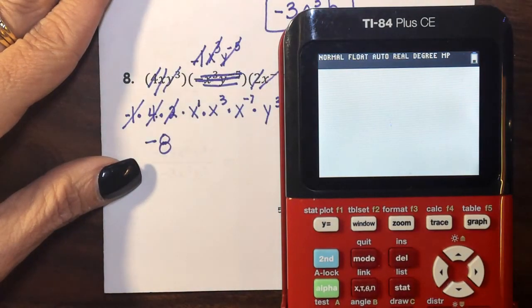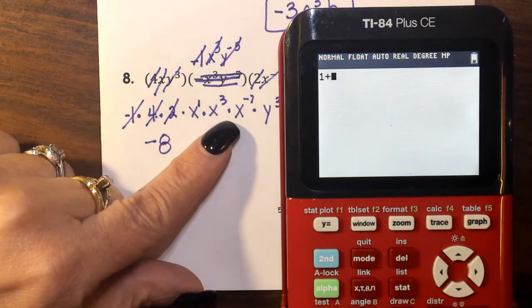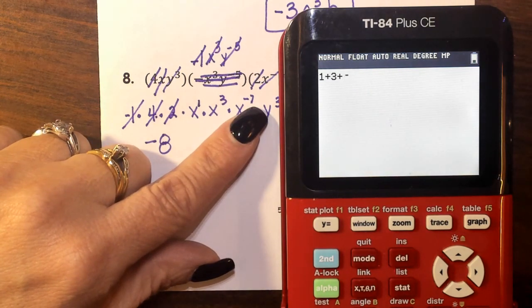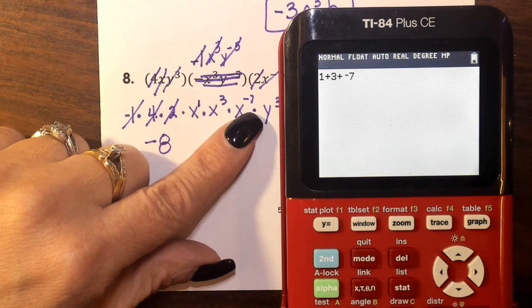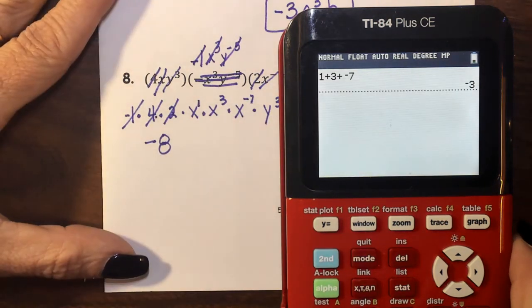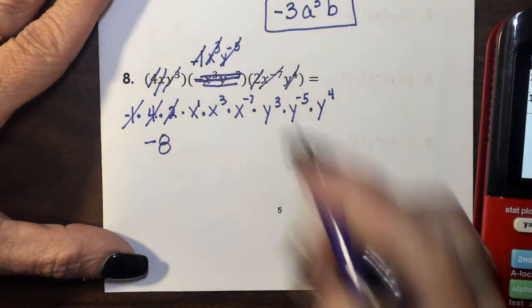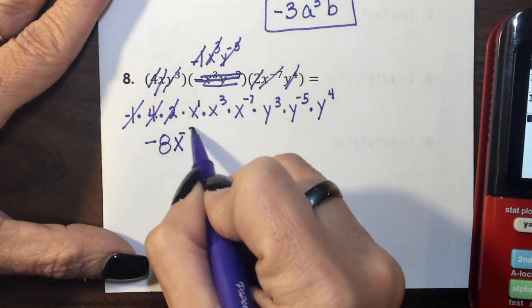I'm going to say 1 plus 3 plus, because remember you're adding everything, negative 7. 1 plus 3 plus a negative 7 gives me negative 3. Now, could you have done 1 plus 3 minus 7? Absolutely. Either way you do it, it works. So that is x to the negative 3.